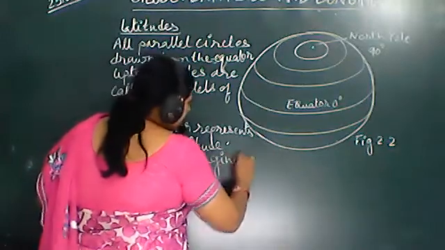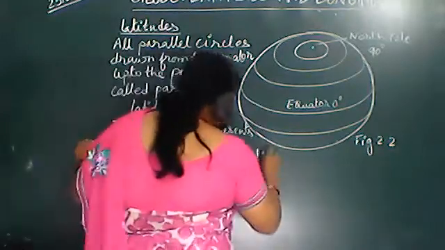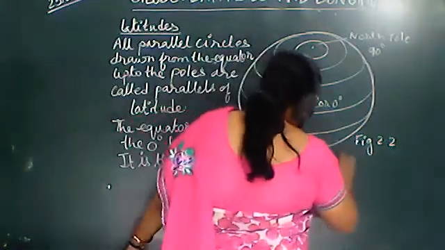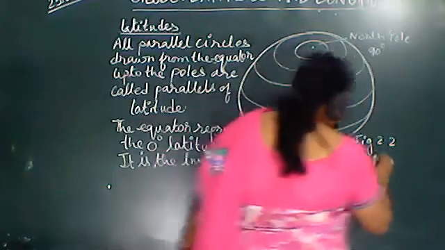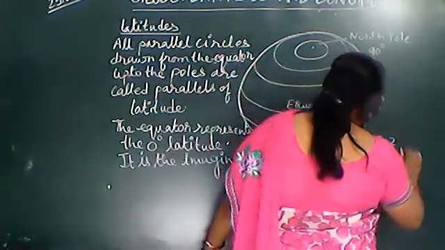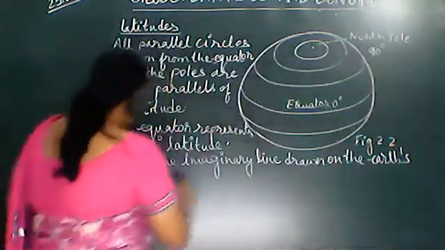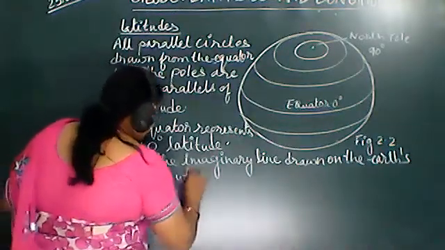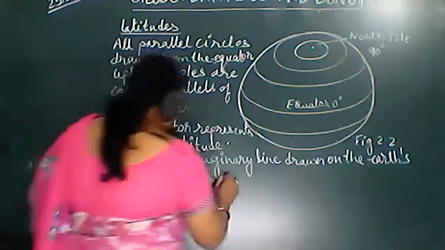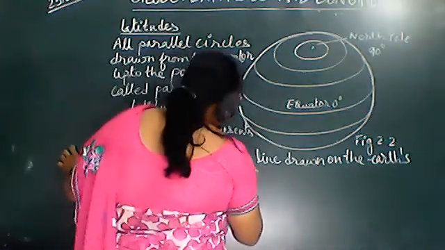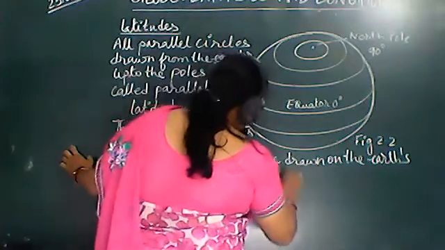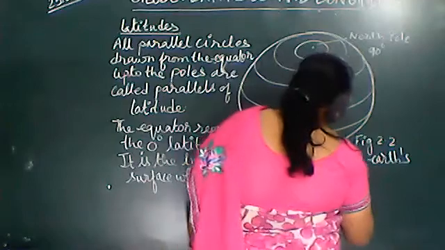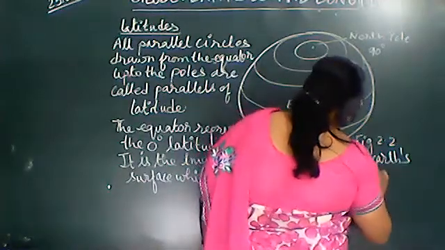The equator is the imaginary line drawn on the Earth's surface which divides the earth into two equal halves.